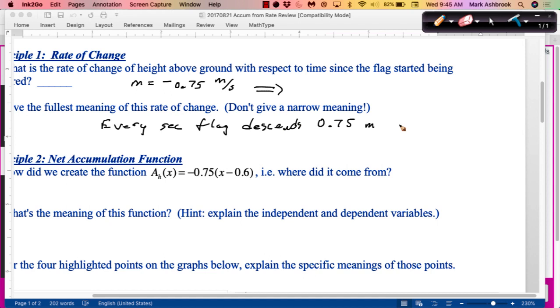Some are saying yes, some are saying no. Is it a true statement? That's absolutely true, and it's a common way to express the meaning of that. But we talked about a broader, fuller, better meaning. Does anybody remember what that was?